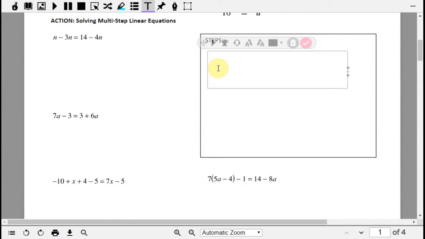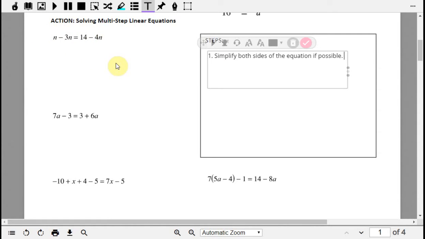So the first step is to simplify both sides of the equation if possible. It won't always be necessary, right? But there will be times that you will need to simplify them. For example, in this first one, there's no simplifying that's required.